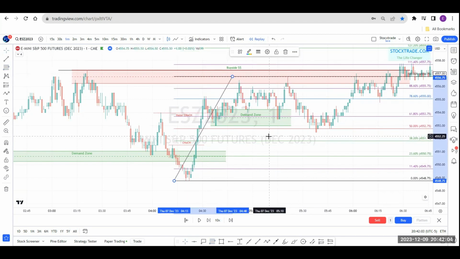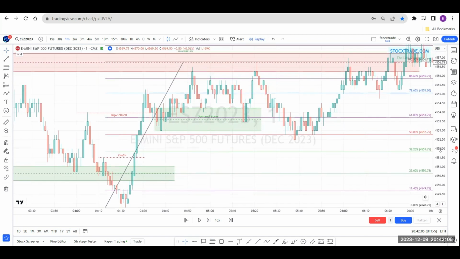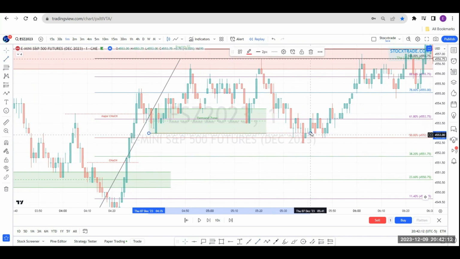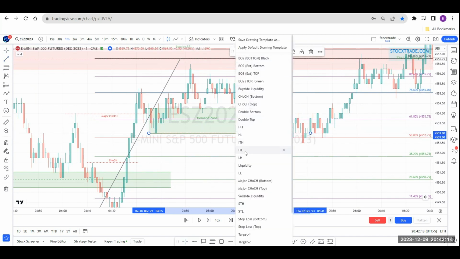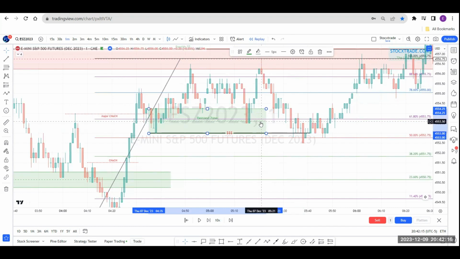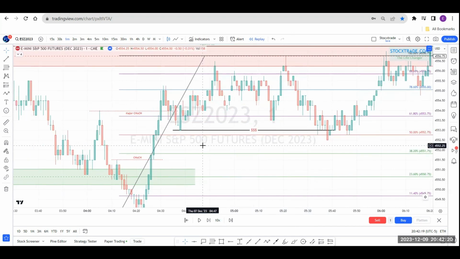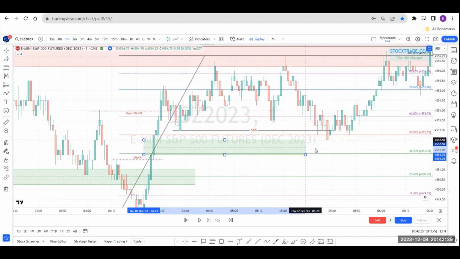Now the market is coming down, so I need to mark the liquidity. This is my liquidity level that needs to sweep out, plus any fair value gap below this. Can you guys see here, this and this and extended.